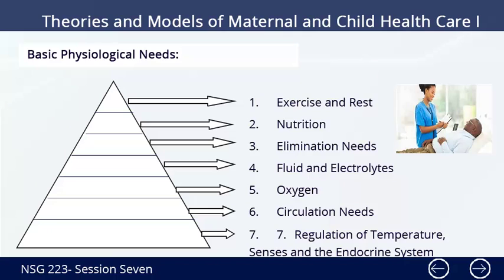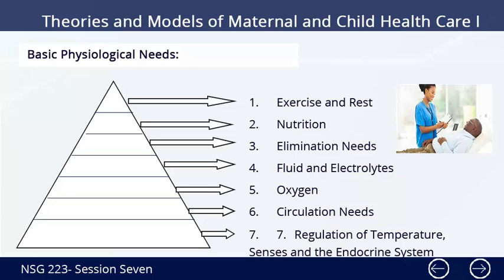Basic physiological needs. The basic physiological needs are composed of 7 areas, namely: 1. Exercise and rest. Too little or too much of this can lead to immobility, hyperactivity, fatigue, or insomnia. 2.